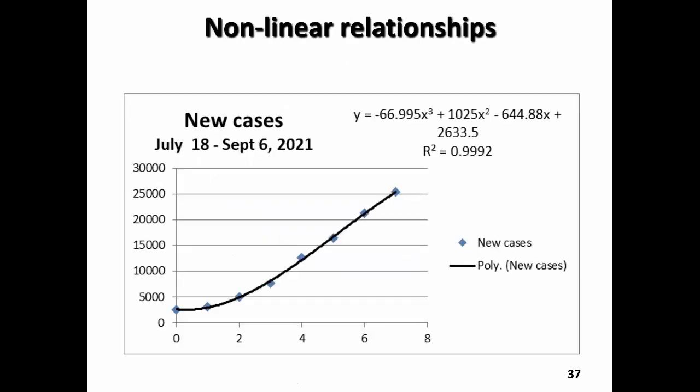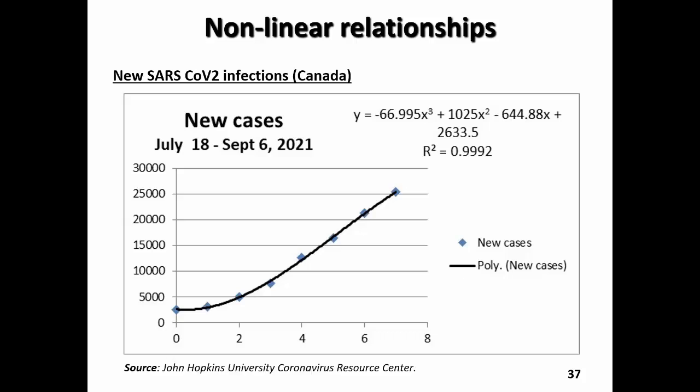Now, how can we use nonlinear regression modeling to get a description or an idea of these case counts? What this graph illustrates here are the number of new COVID-19 infections in Canada between July 18th and September 6th.